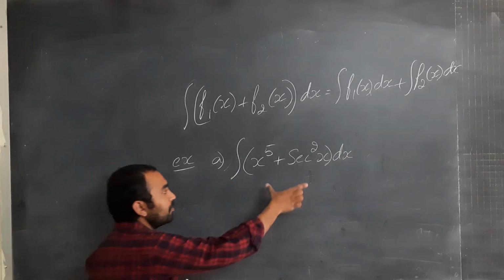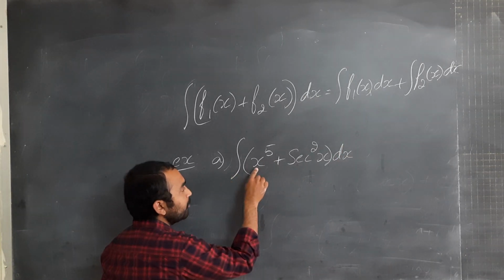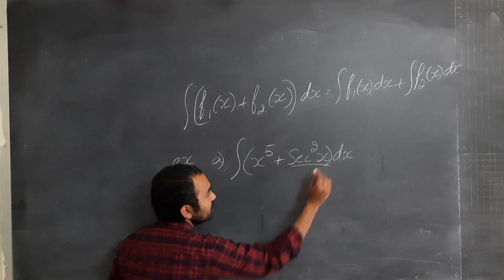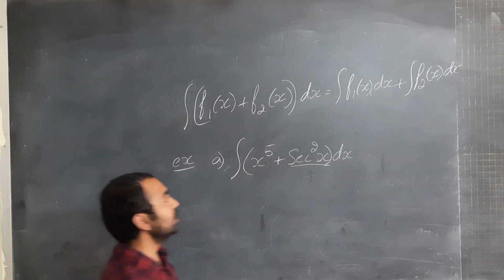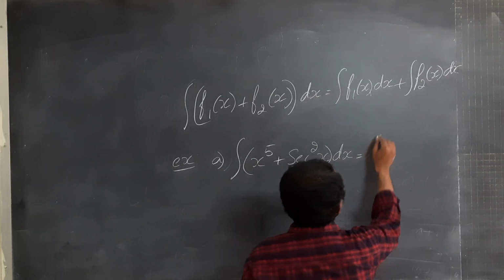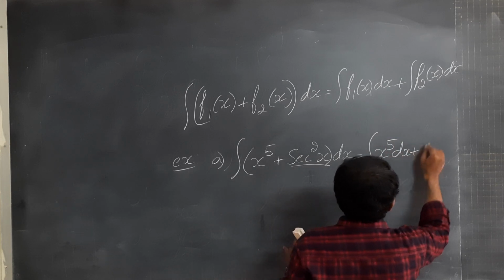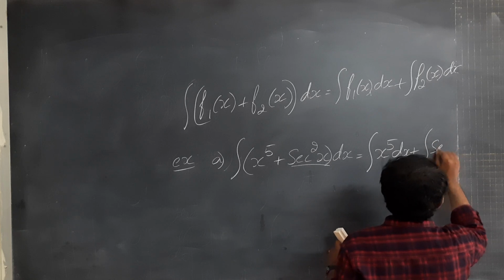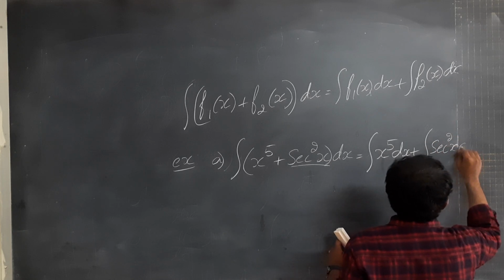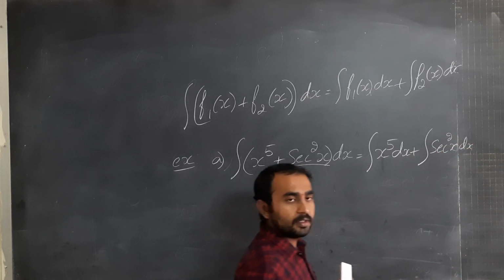Here in this problem we have two functions. X power 5 is one function and secant square x is the other function. So we write this as integral x power 5 into dx plus integral secant square x into dx.